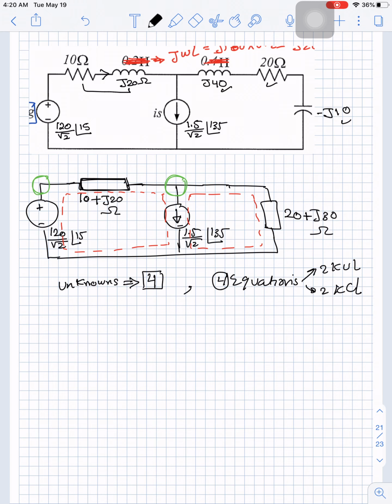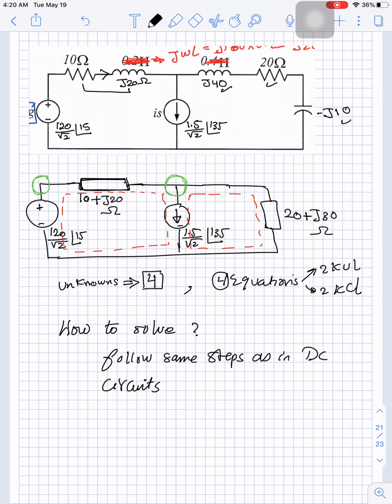So how to solve? We will follow the same steps as in a DC circuit.